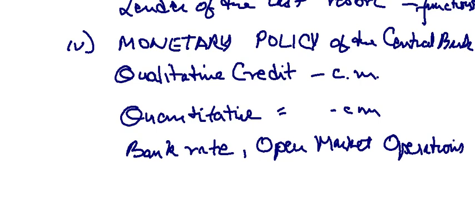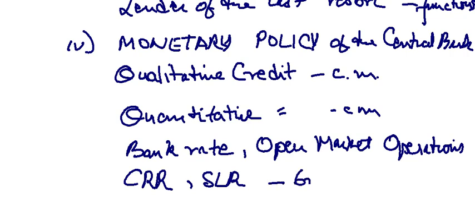Cash reserve ratio, I'm just putting it in abbreviation, cash reserve ratio, this you're going to study here. And SLR, or statutory liquidity ratio. Don't you worry, everything will be there in the chapter, and you need to have a brief understanding of all that we have just mentioned. You are expected to know the meanings.